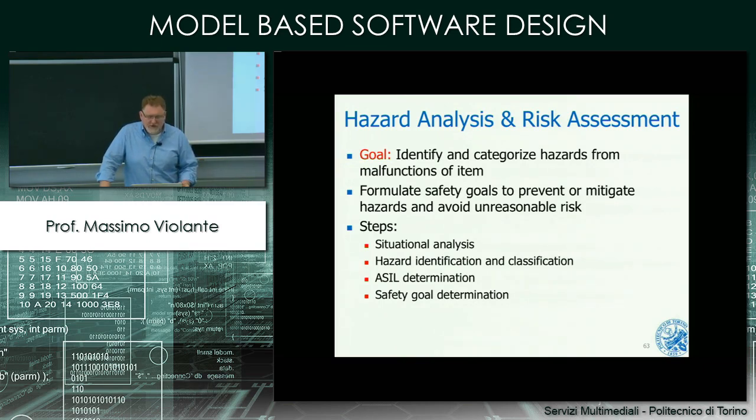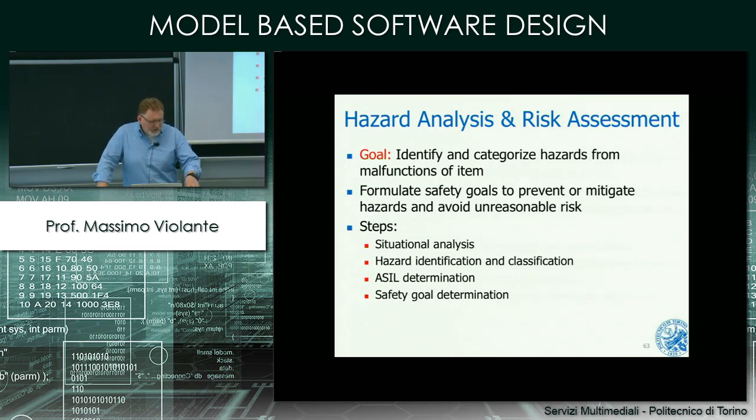This is difficult because you have to understand what can go wrong, when this can go wrong, and which could be the impact on the driver, on the passengers, or on the other people around the car that host our item. This is something that we haven't yet analyzed, but it is worth saying now.